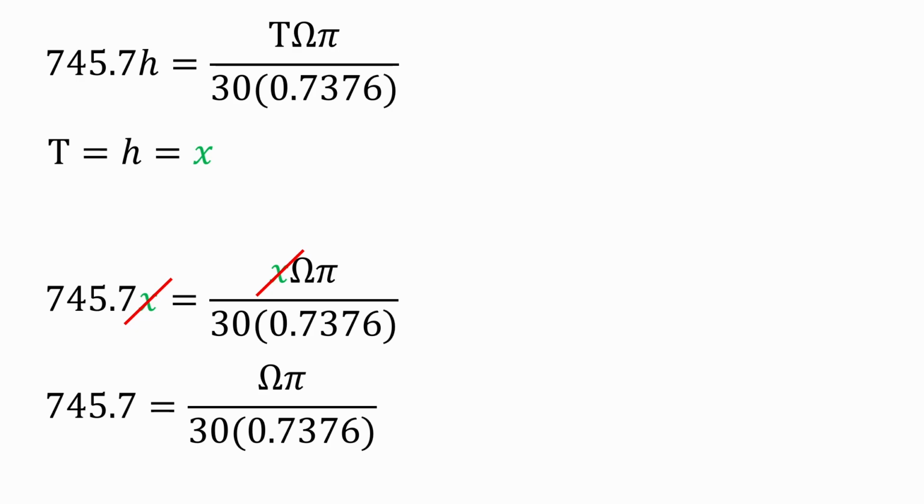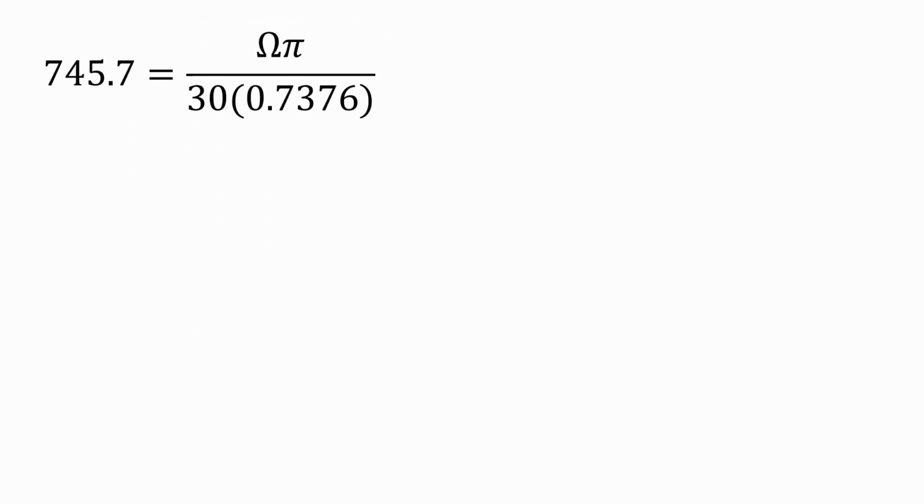What's really important to recognize is that the only unknown in this equation is capital omega. If we're able to solve for capital omega, we will have found the RPM at which torque and horsepower are guaranteed to be equal to each other. So that's something big. Now solve for capital omega.